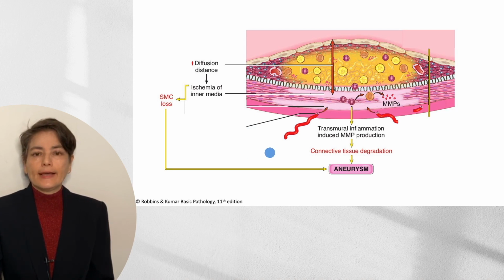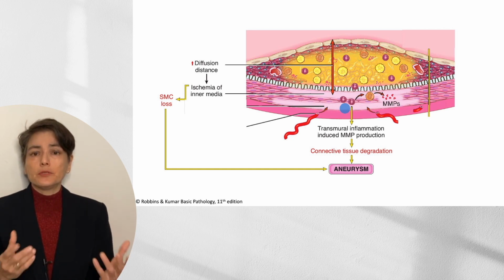You can also get aneurysms secondary to connective tissue degradation in hypertension. These are our vasa vasorum. So with hypertension, you can get stenosis of these vessels, which supply the outer media, leading to necrosis. But what I want to focus on here is how atherosclerosis contributes to aortic abdominal aneurysms.